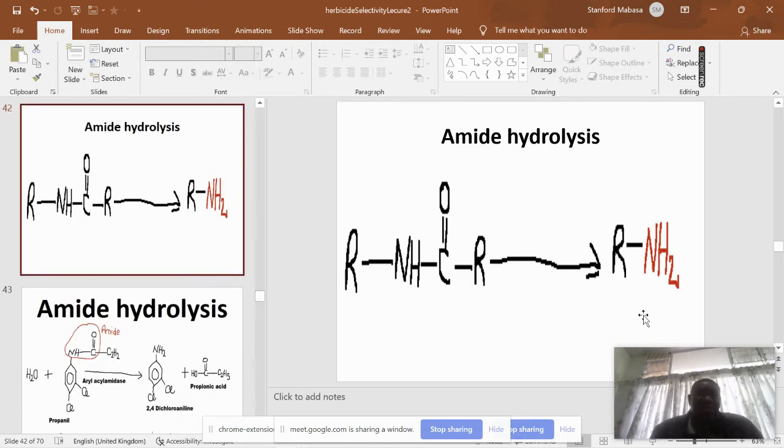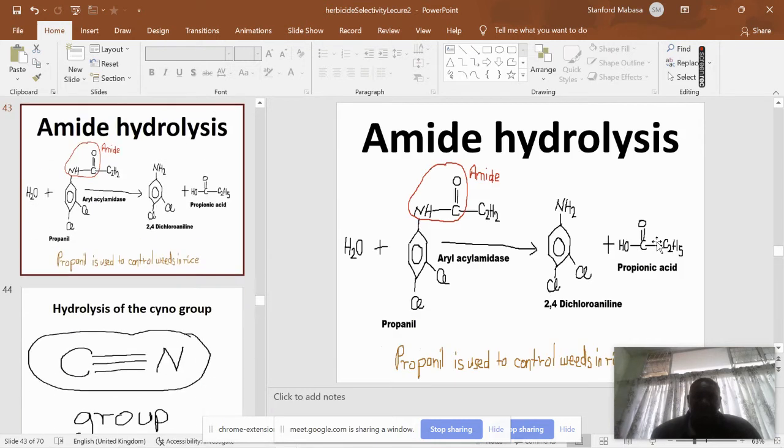Amide hydrolysis. An amide has got RNH, then you have got carbon attached to oxygen, and then to R. This will form an NH2 here.